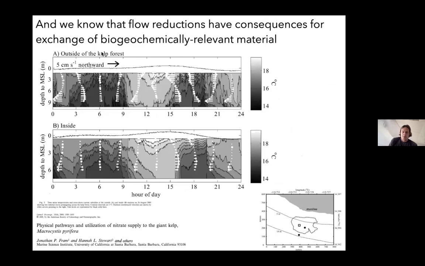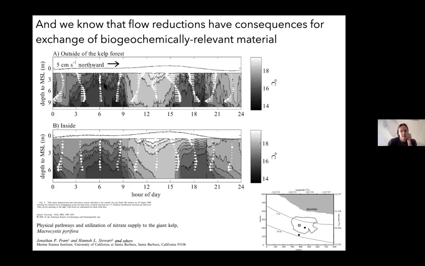It's physical oceanography, so we're comparing velocity observations with the arrows, and temperature observations in the shaded contours. The main takeaway is that comparing outside to inside the kelp forest, we see a reduction in flow, evidenced by the smaller arrows inside the kelp forest relative to outside.